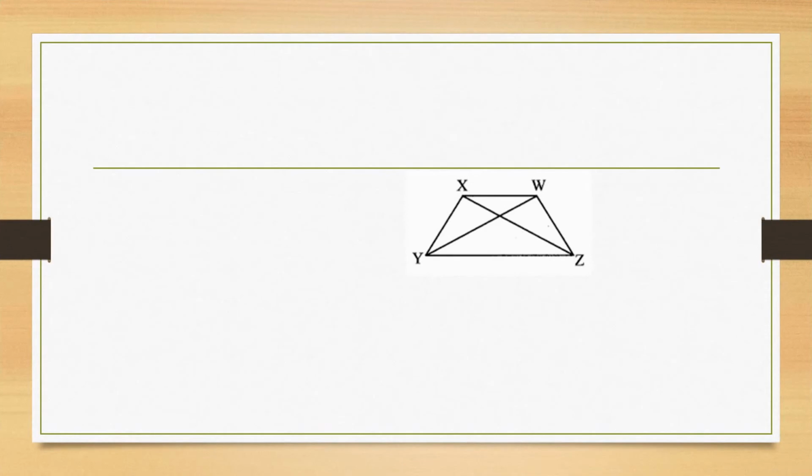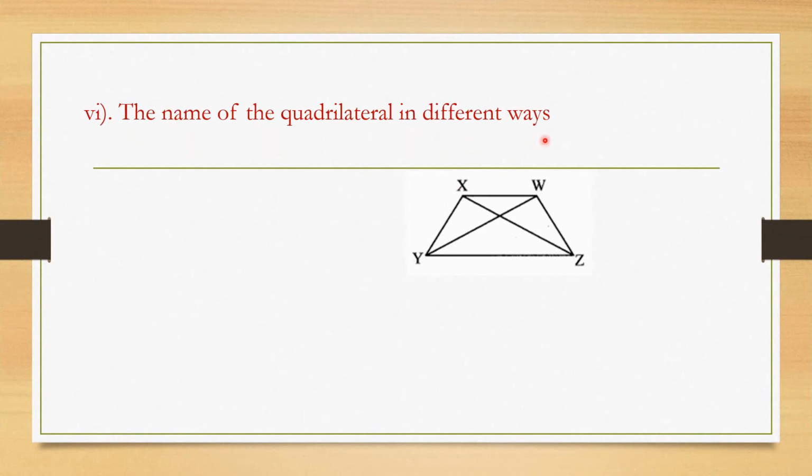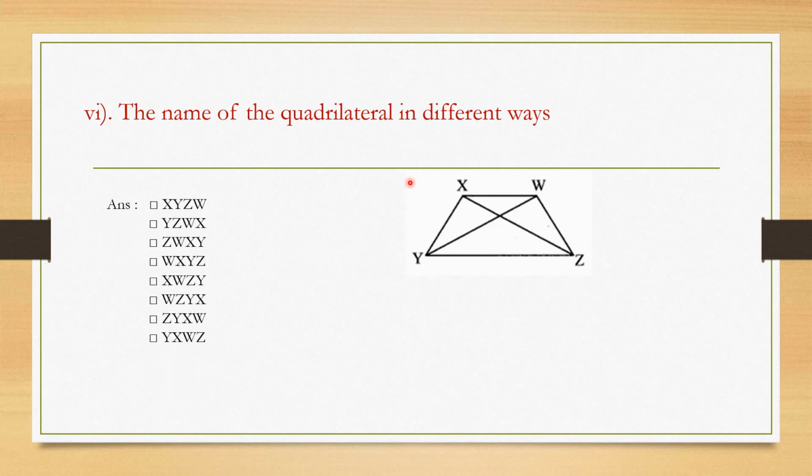Question number 6. The name of the quadrilateral in different ways. You have to write the name of the quadrilateral in clockwise and anti-clockwise direction. First one, quadrilateral XYZW. Second way, quadrilateral YZWX.